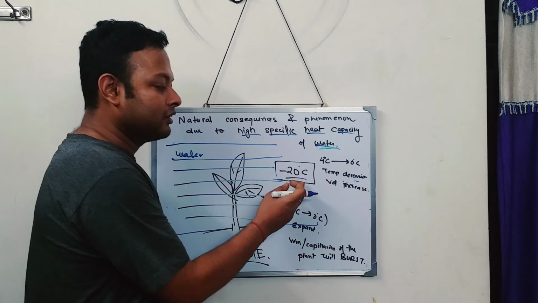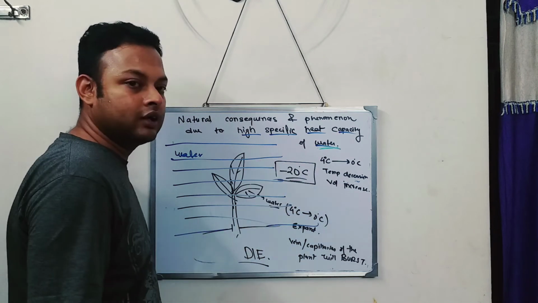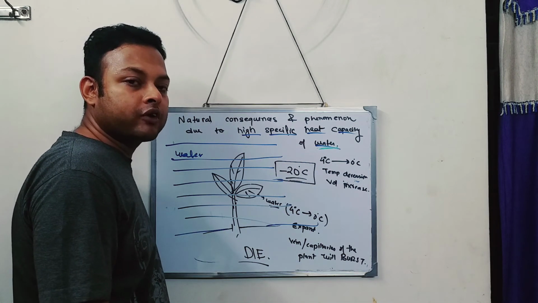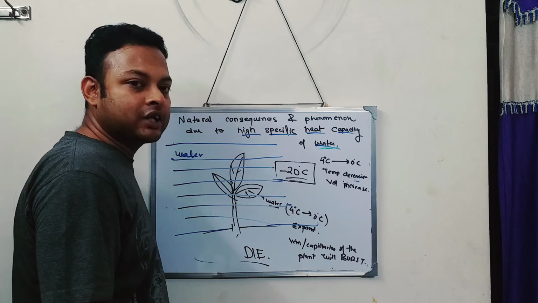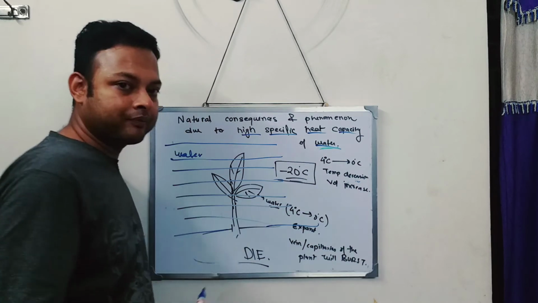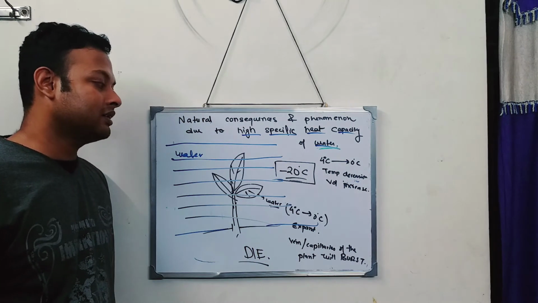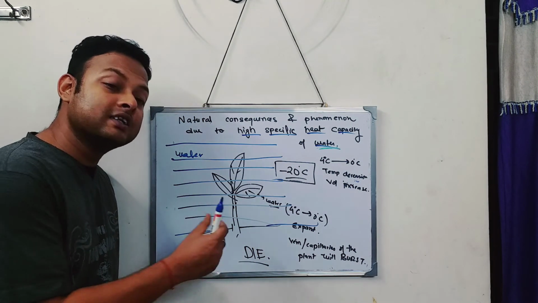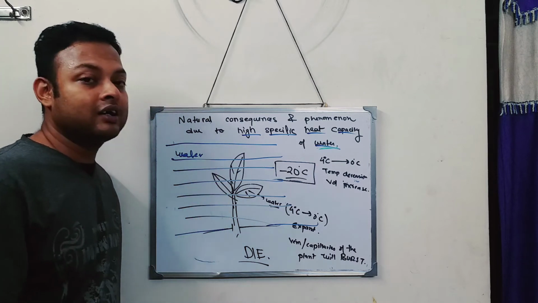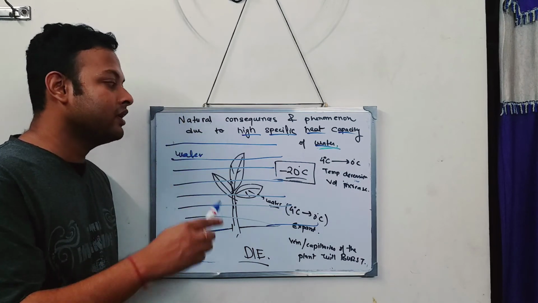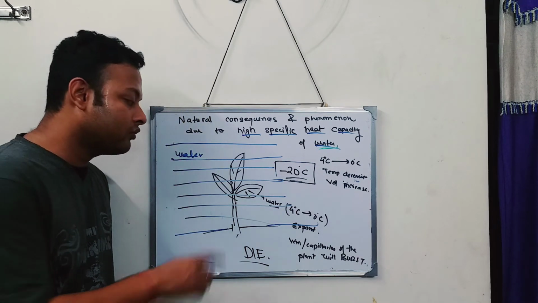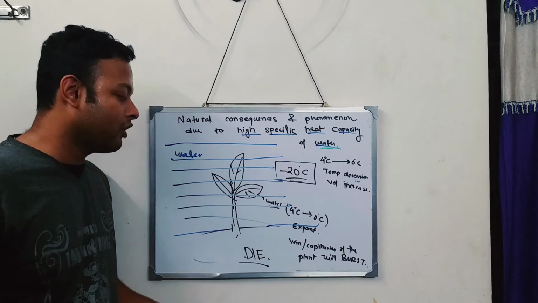Now as the temperature of the outside is minus 20, it will try to extract heat from the plants and make the plant temperature go down. But since the plant is now under water, the atmosphere will extract heat not from the plant but from the water.